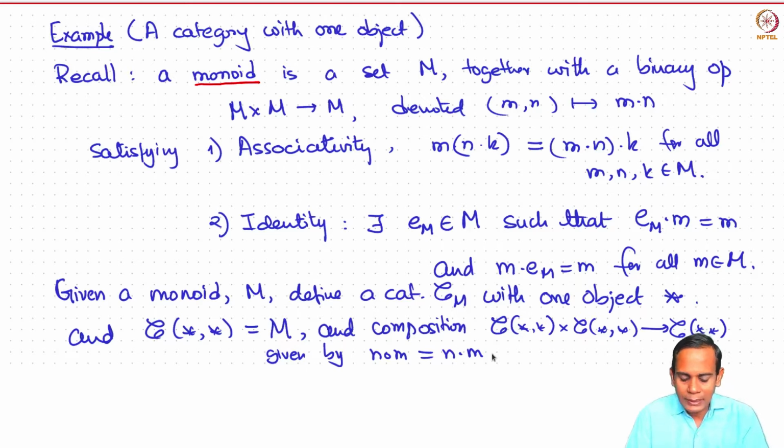And then the associativity axiom for monoids corresponds to the associativity axiom for the category C_M, and the identity axiom for monoids corresponds to the identity axiom for the category C_M.